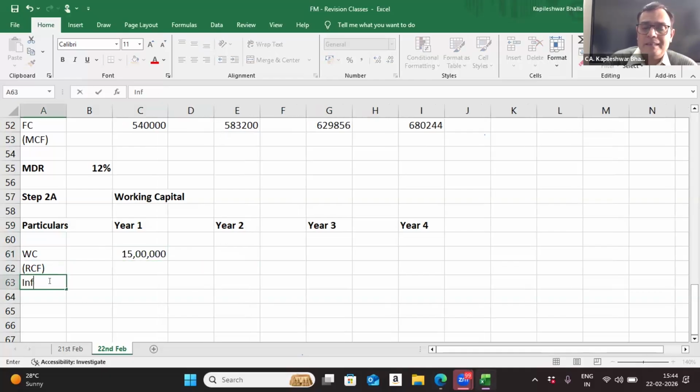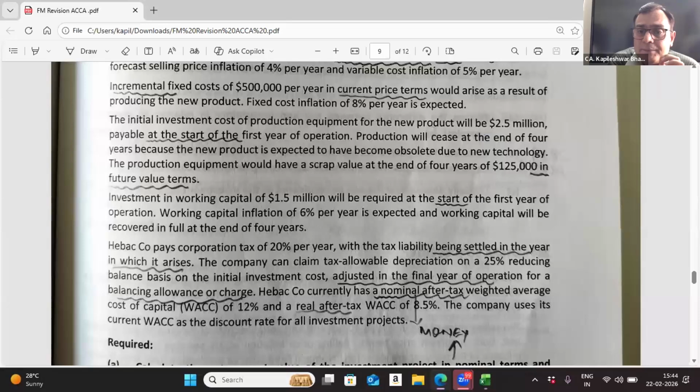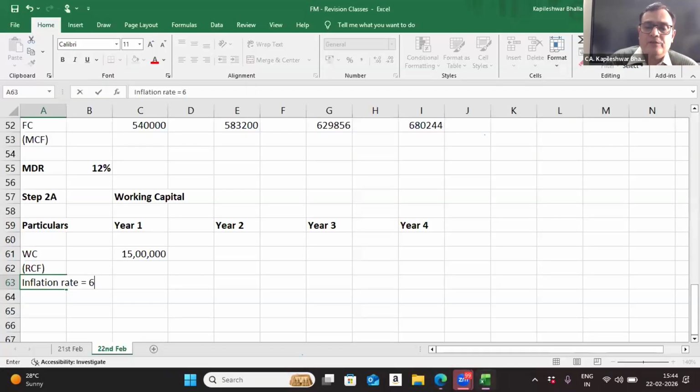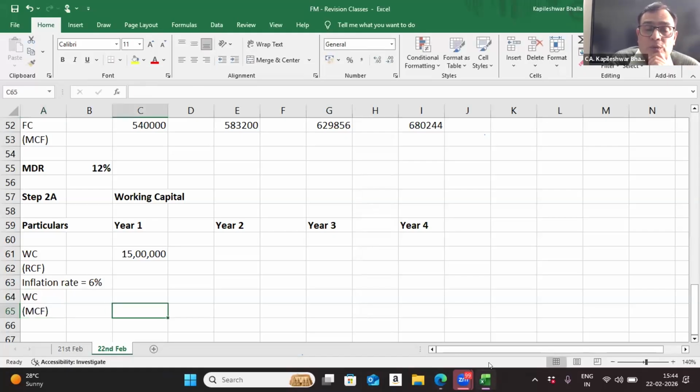Now we are also given the inflation rate. What is the inflation rate for the working capital? I guess the working capital inflation rate is at the rate of 6%. So let's get the working capital based on MCF terms. So let's consider this 15 lakhs.